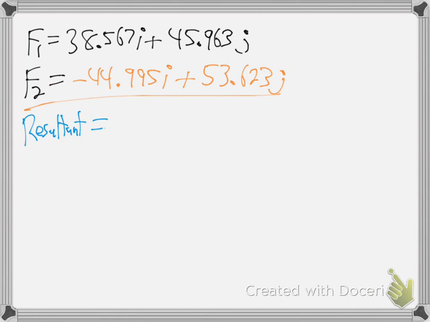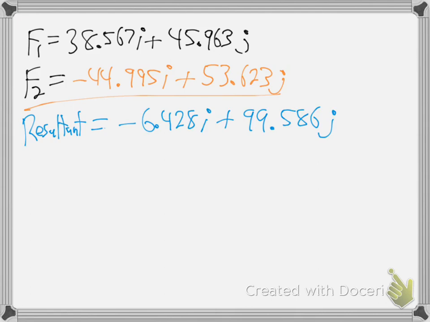So 38.567 minus 45, I'm getting minus 6.428i plus 99.586j. We getting that?